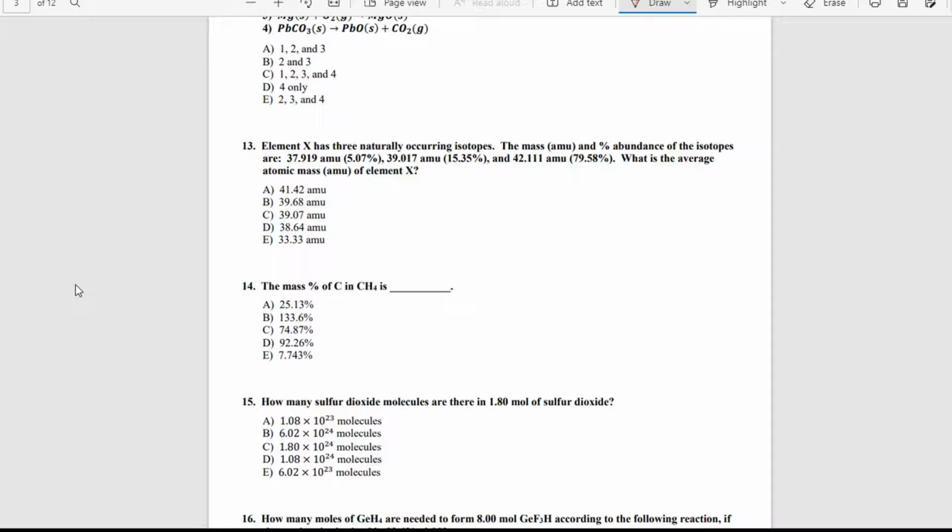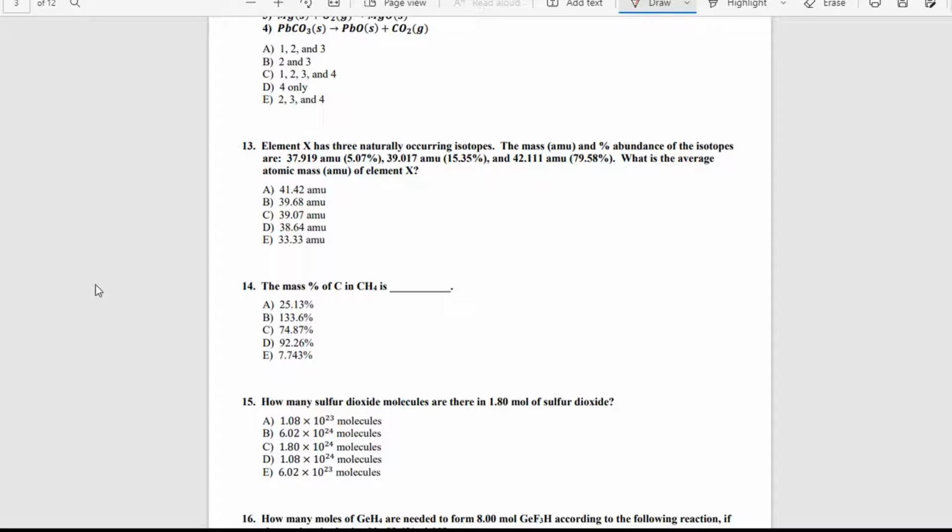Okay, so in a case like this, the easiest way to deal with this is to recognize that what you're doing is taking a weighted average. This is actually how your grades are calculated, by the way. There's the mass of it, and then there is the weighting factor, essentially.